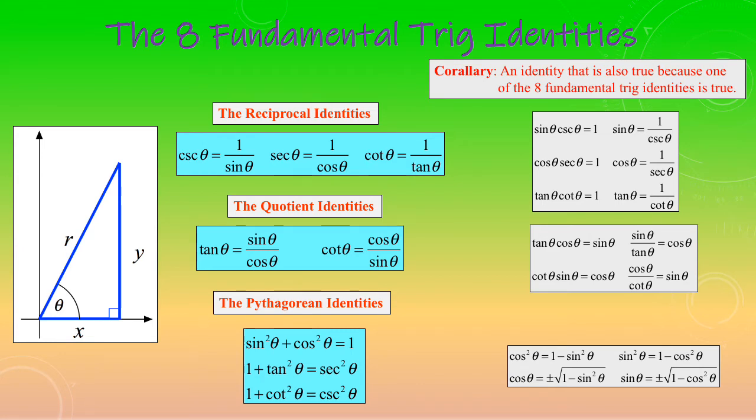And then for each, taking the square root of both sides, we get that cosine theta is equal to plus or minus the square root of 1 minus sine squared theta, and sine theta is equal to plus or minus the square root of 1 minus cosine squared theta. As mentioned, you can do the same manipulations with the second and third Pythagorean theorem identities.